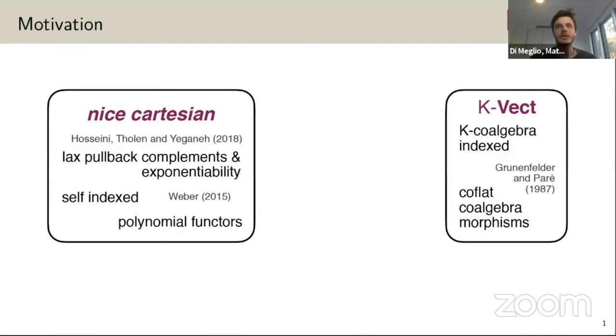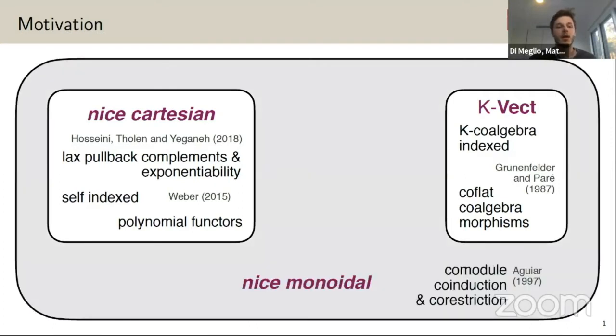Now, both of these fit in the broader setting of nice monoidal categories. And Aguiar, in his PhD thesis, talked about comonoids and comodules in this general setting, and the notion of co-induction and co-restriction, for the purposes of generalizing the notion of internal category from that inside a Cartesian category to one inside a monoidal category.